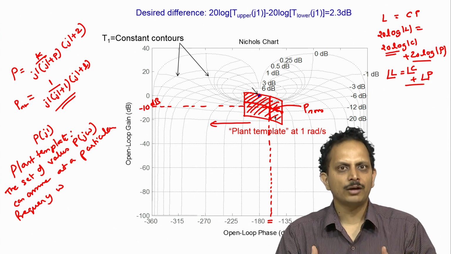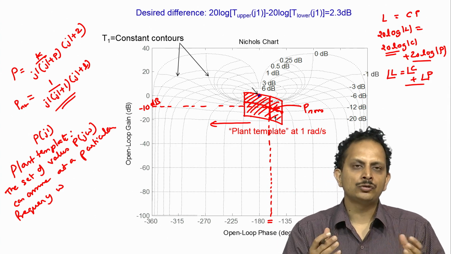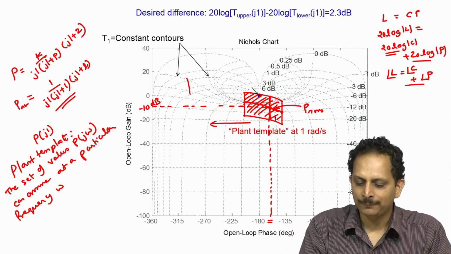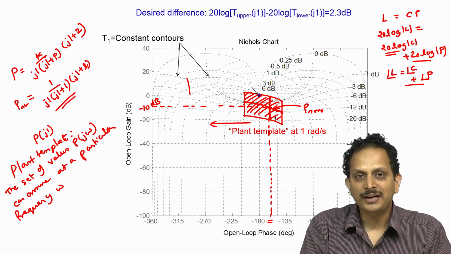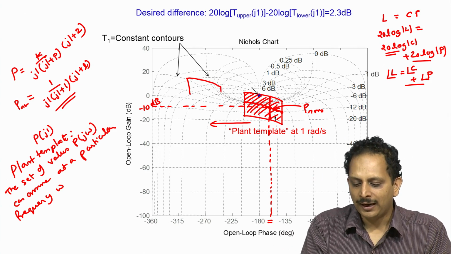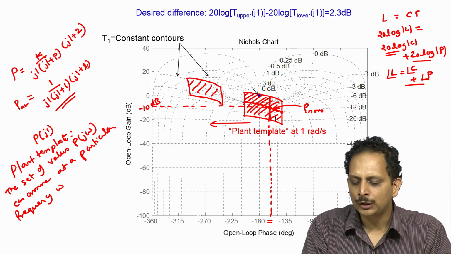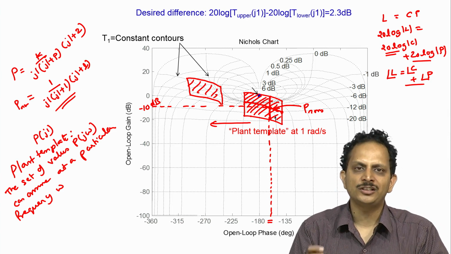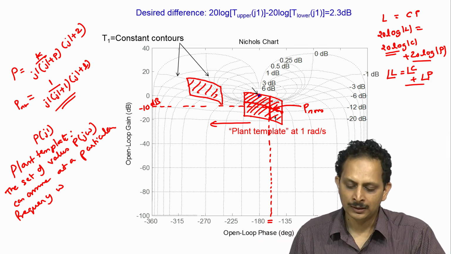So, in the course of our design, the set of values that our loop gain L can assume would essentially be depicted by a closed curve whose shape would be exactly identical to the shape of the plant template that we obtained with the controller C set equal to 1.